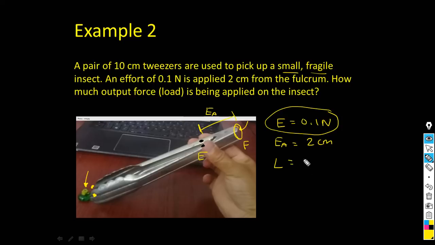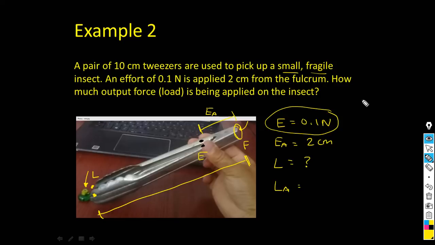We have the load, which we want to find, and so we need the load arm. What is the load arm? It's the distance from the fulcrum to the load. Okay, it's all of this. So look here in the problem.